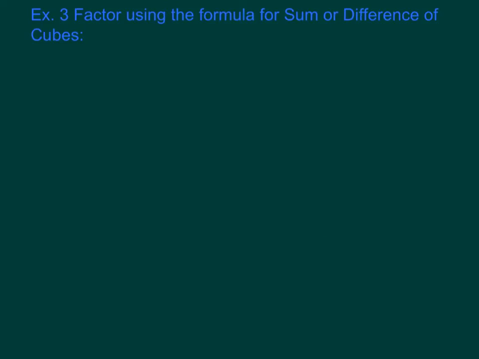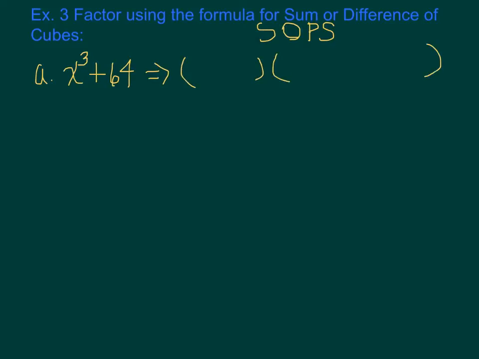Example 3, we're going to factor using the formula for sum or difference of cubes. And we're going to use what is called SOPS. S-O-P-S. And this acronym helps us when we are factoring cubes. And these are perfect cubes. The cube root of x cubed is x.